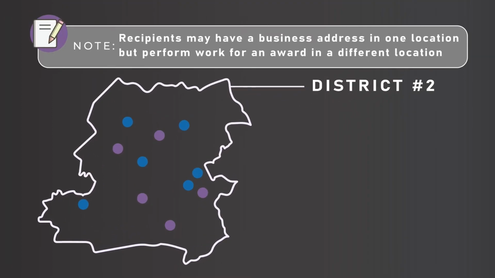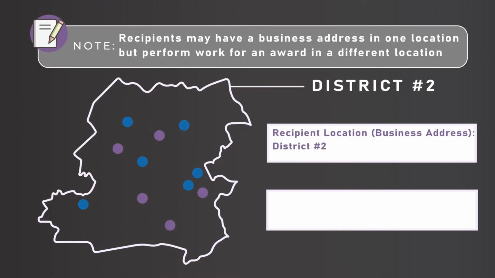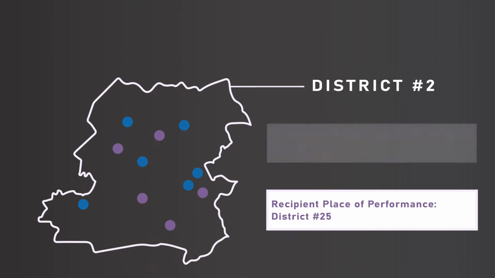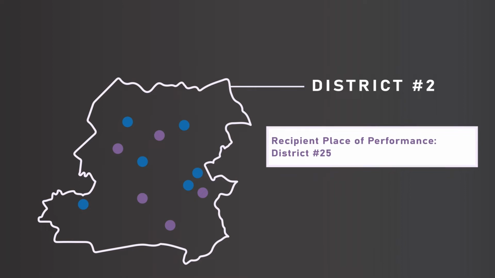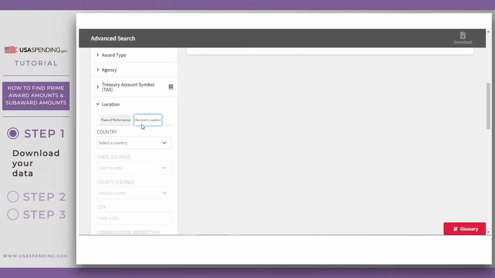Note that recipients may have a business address in one location, but perform the work for an award in a different location. If you wish, you may choose to filter your location results by place of performance, rather than by recipient location. In this example, I'll choose California's 46th Congressional District.